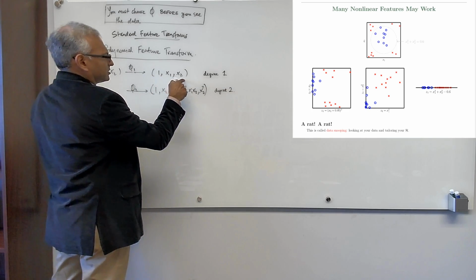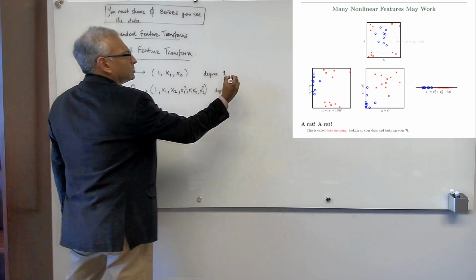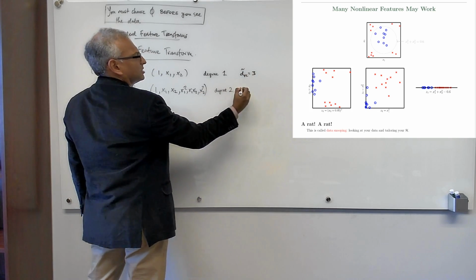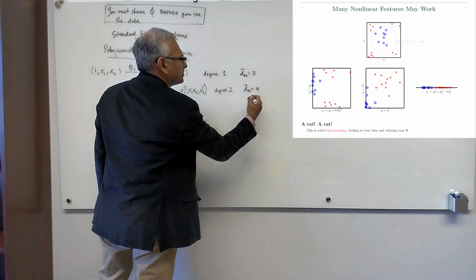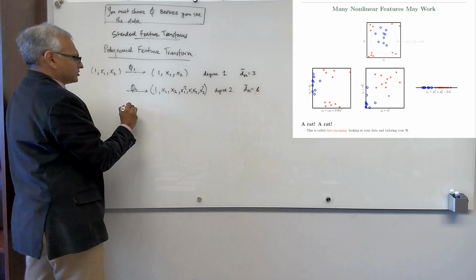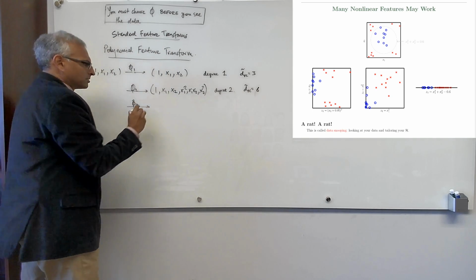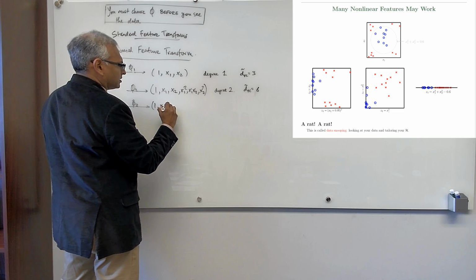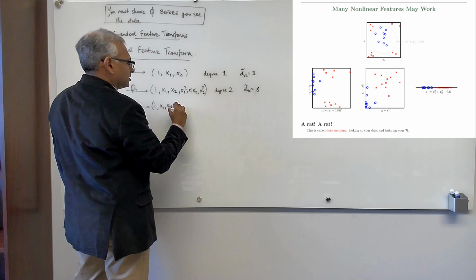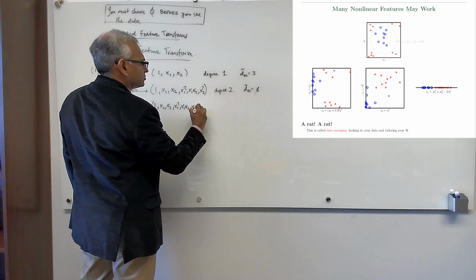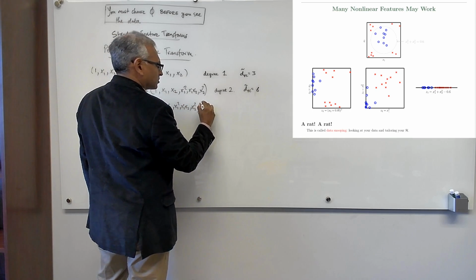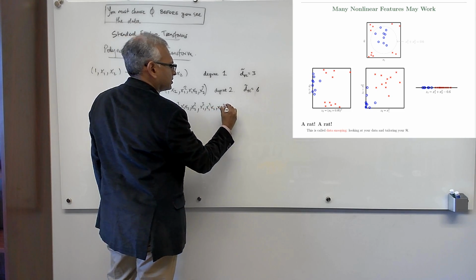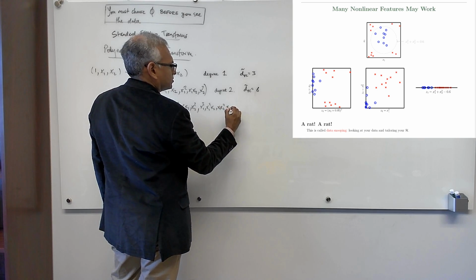Okay, and let's see. So here d tilde is 2, it's the same. So the VC dimension is 2. d tilde, dVC tilde is 3. dVC tilde is 6. Okay, and now let's look at phi 3. That takes my original input and constructs 1, the linear terms x1, x2, the quadratic terms x1 squared, x1, x2, x2 squared, and the cubic terms x1 cubed, x1 squared x2, x1 x2 squared, x2 cubed.